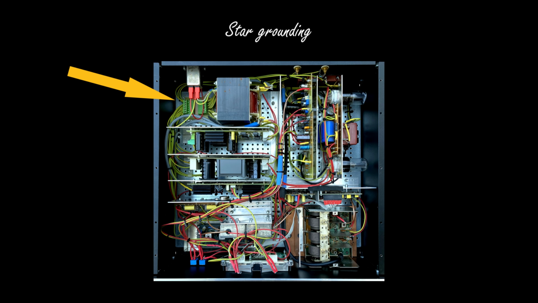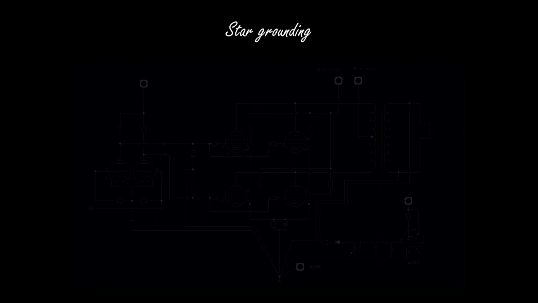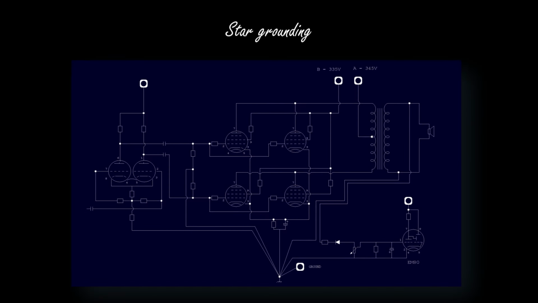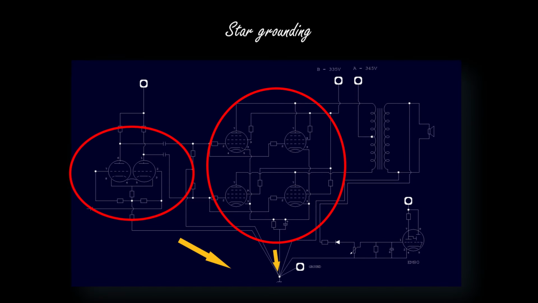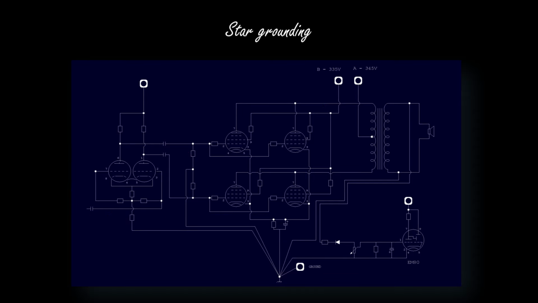Of course, we should utilize some common sense. For example, it might help to collect all grounding points within a single amplifier stage or preamplifier stage, and have just one ground wire from that point to the central grounding point.